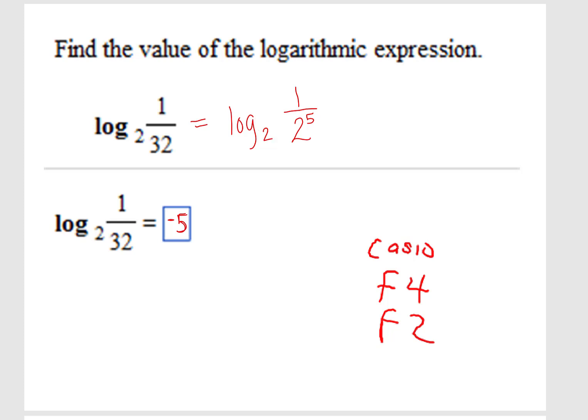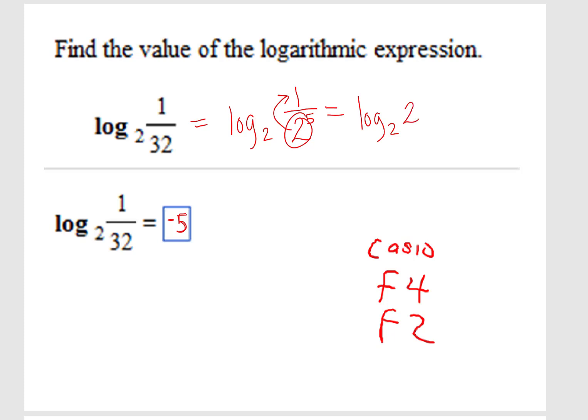Okay, so now I have it like that, but I still don't have a base of 2, right? I have 1/2 to the 5th. So remember how we can move a base from one part of the fraction to the other, and when we do that, our exponent changes signs. We've used this in previous sections to get rid of a negative exponent, but now, because we want that base of 2, I'm actually going to make it negative. So I'm going to take that 2 and bring it to the top.